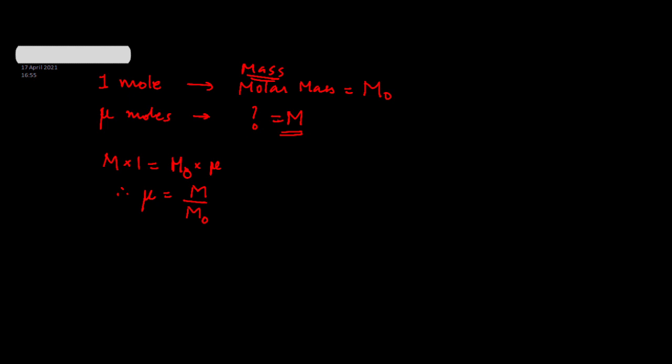It's not anything complicated. So this is the derivation of that relation mu equal to M upon M0. If you have doubts, please ask, I don't have any problem. Okay, shall we proceed with the list now? This derivation clear?